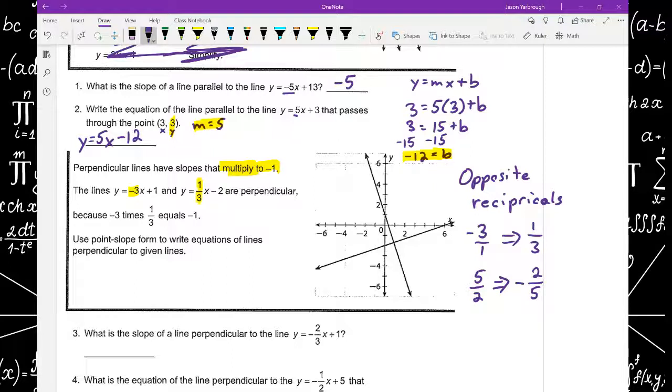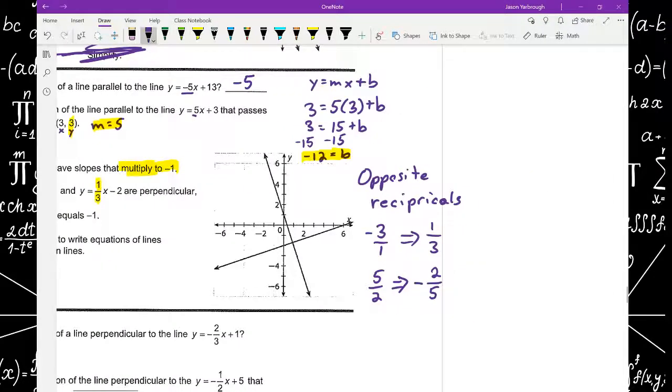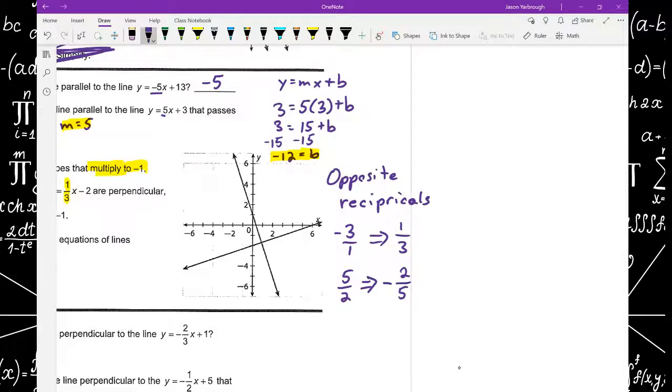Let's say we've got negative 3/4. Alright, so negative 3/4. Change the sign to a positive. Alright, so positive, and then the 4 goes on top, the 3 goes on bottom. So 4/3 is your opposite reciprocal.